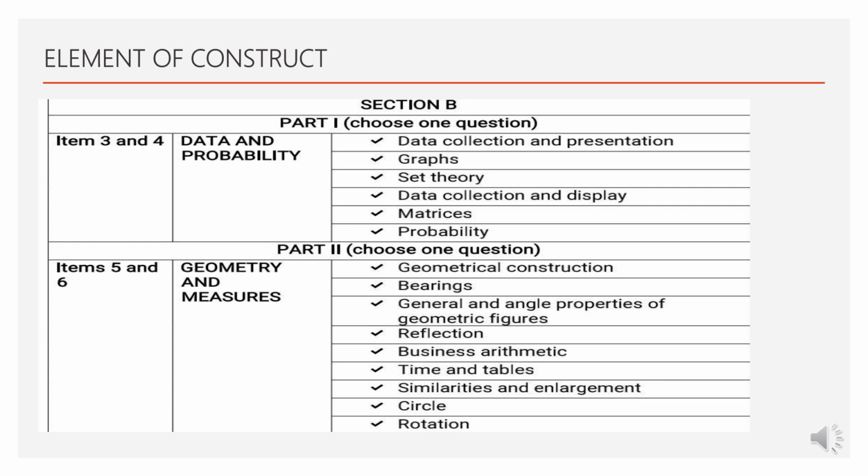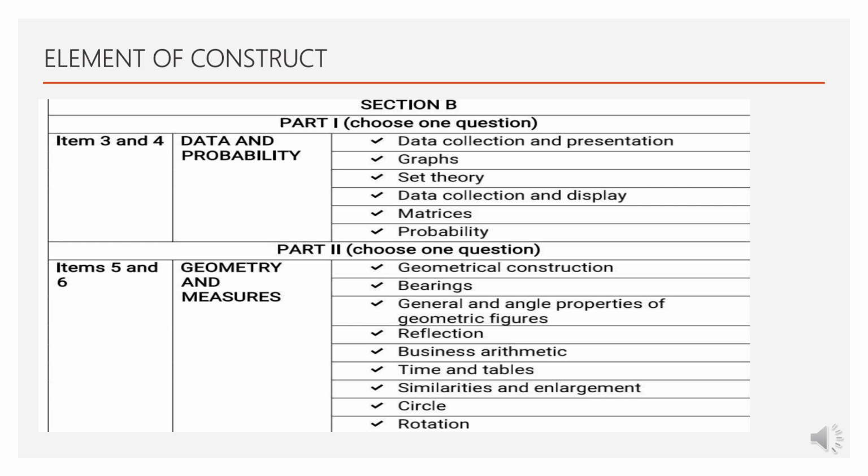General and angle properties of geometric figures, that is senior 1. Reflection, senior 2. Business arithmetic, some part of it is in senior 1. Times and timetable, strictly senior 1. Similarities and enlargement, senior 2. Circles, senior 4. Rotation, some part of it is senior 2. And then we emphasize on this in senior 4.